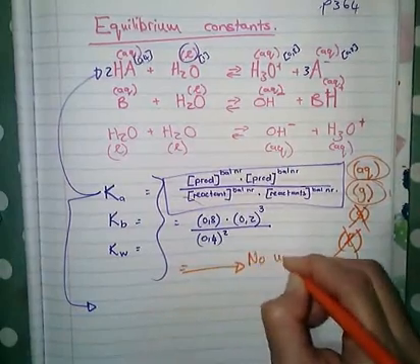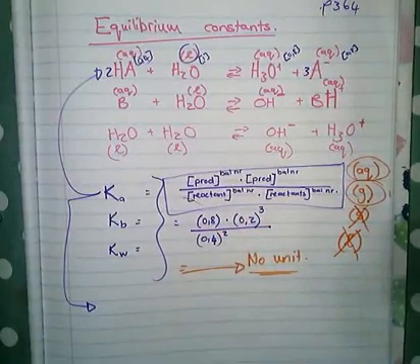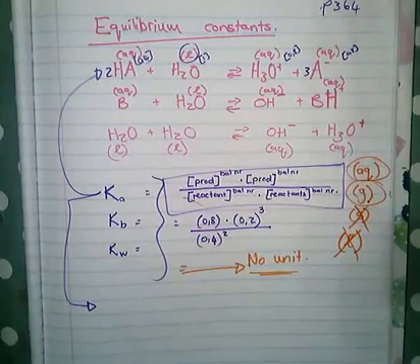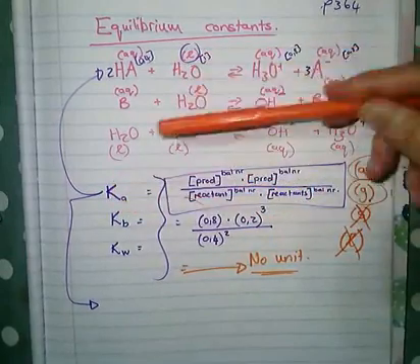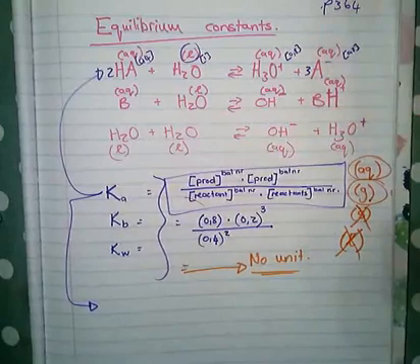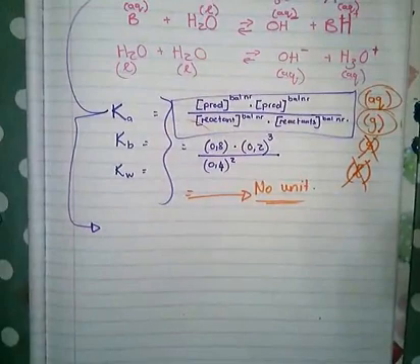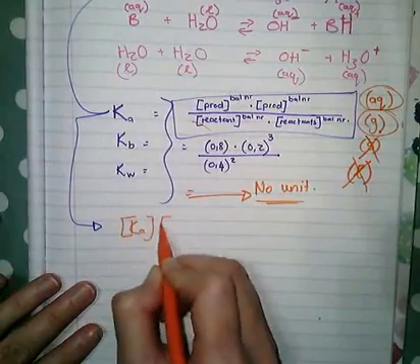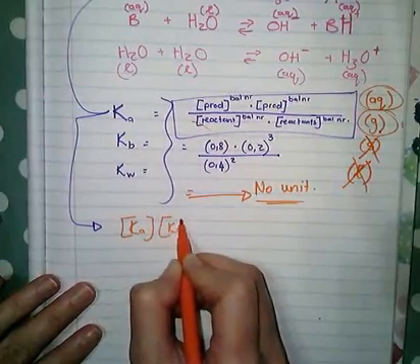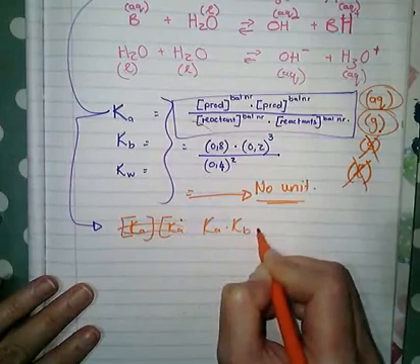So what's important is that for any acid that has reacted with any base, if we multiply Ka with Kb, then we can always say that the H3O concentration multiplied by the OH concentration is going to give us Kw, which is the equilibrium constant of water, which is 1 times 10 to the power of minus 14.